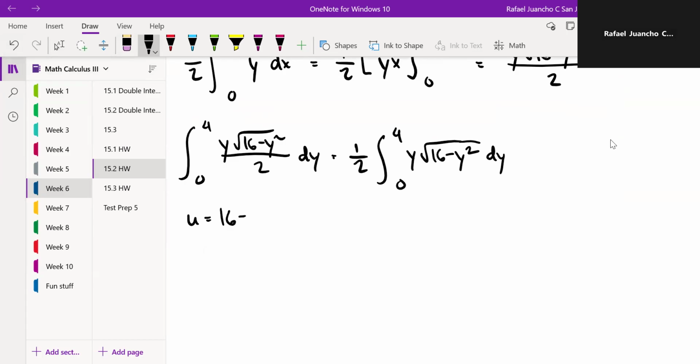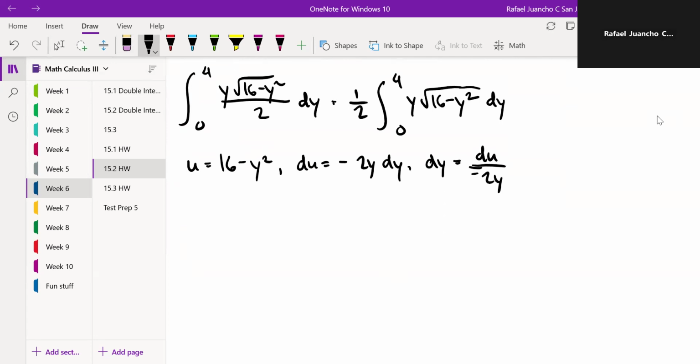I'm gonna assign this as my u. So my derivative is negative 2y dy. So my dy is du over negative 2y. And so when my y is 0, my u is 16.